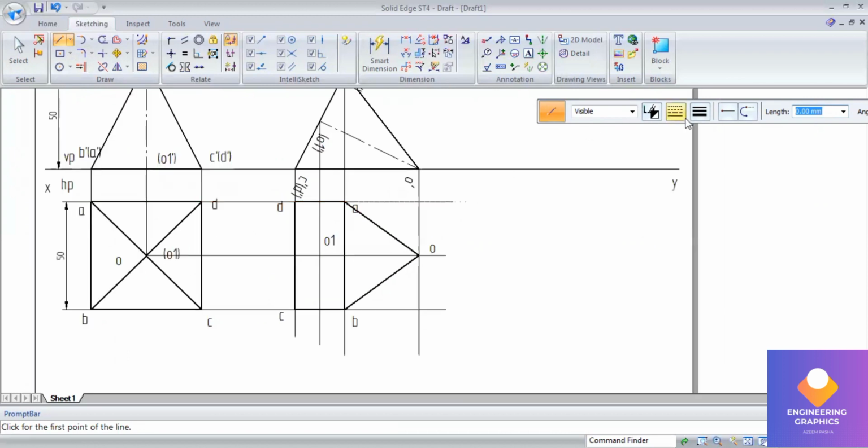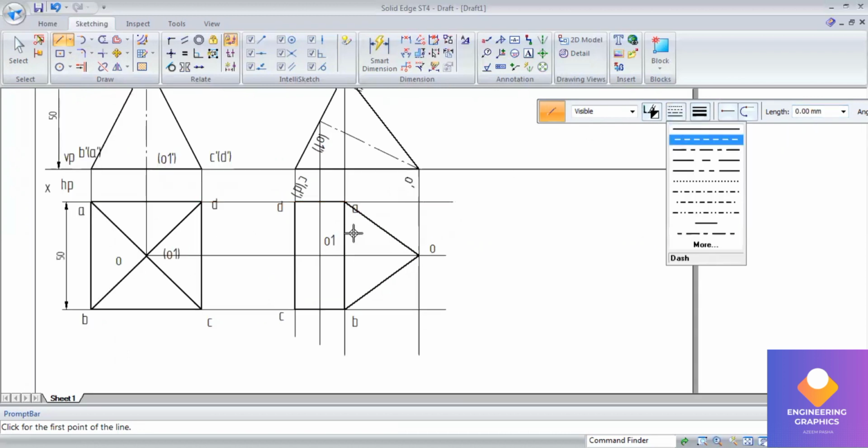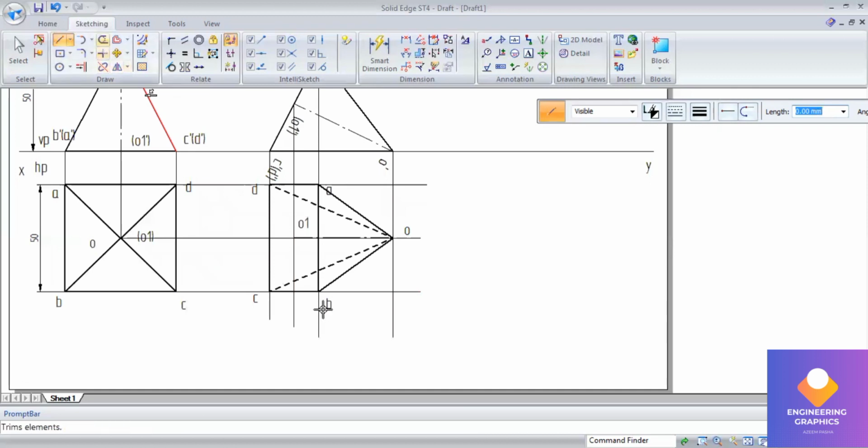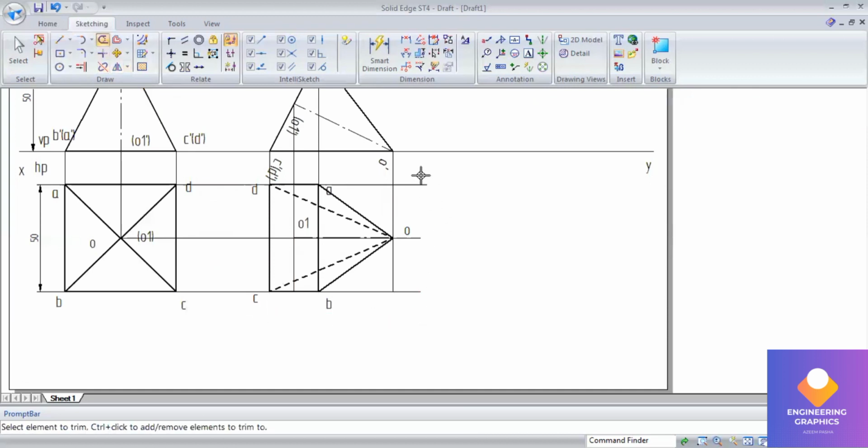That is why it is a continuous line, and the dashed line is for the slant triangular face C dash, O dash and D dash, written with the dashed line. Now there is an axis from O1 to O. So the extra lines I am going to erase using the trim command.